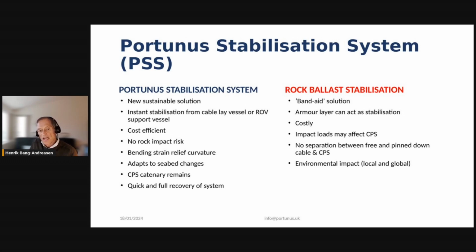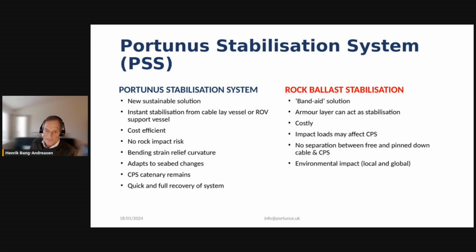So in comparison with the ballast or rock dumping, which some developers refer to as a Band-Aid solution, where the armor layer of the scour protection can act as the stabilization of the CPS, the rock ballast stabilization is more costly than the PSS, and the impact load may affect both the CPS and the cable.